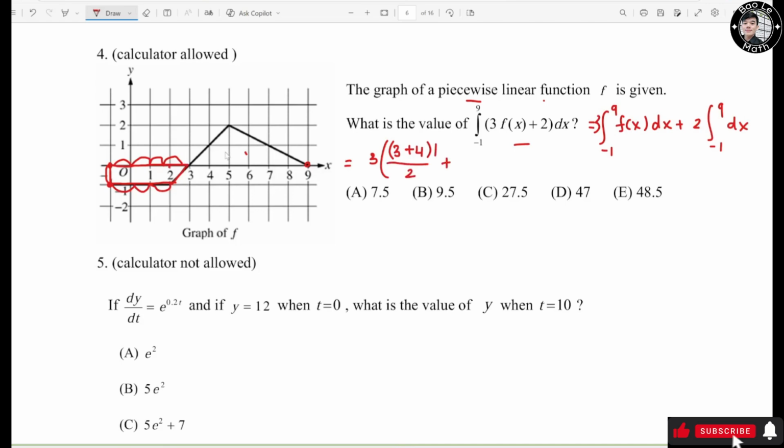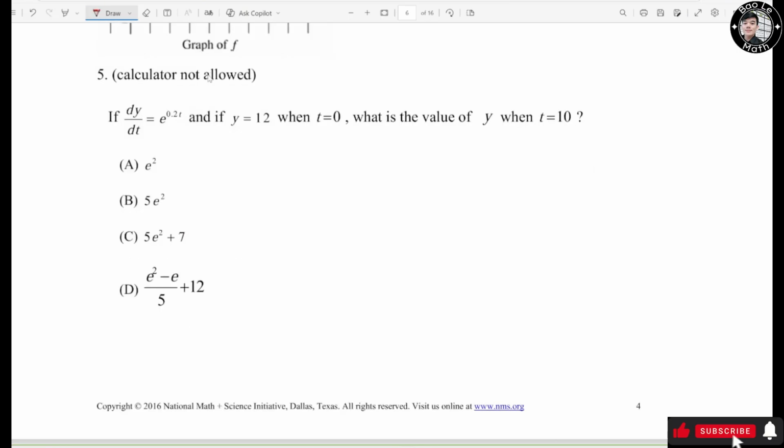Plus this one, the height is 2. The base is 1, 2, 3, 4, 5, 6, right? So it could be 6 times 2 divided by 2. Plus 2s evaluated from negative 1 to 9. So it's going to be 27.5. Now question 5.